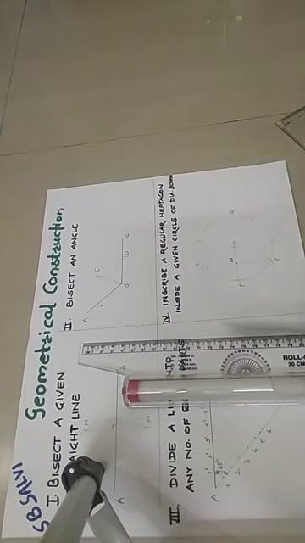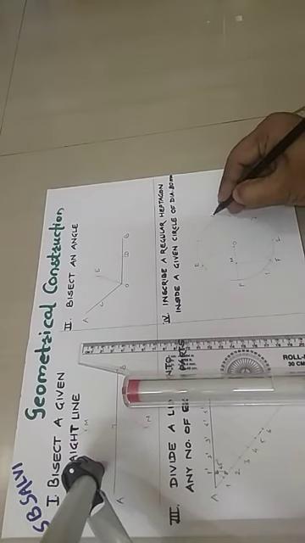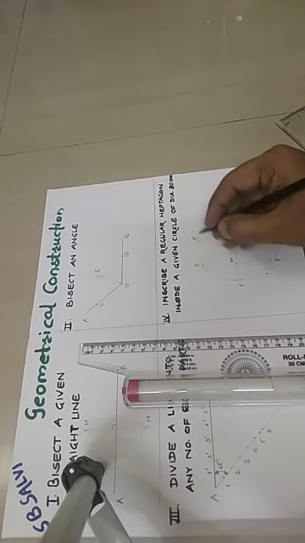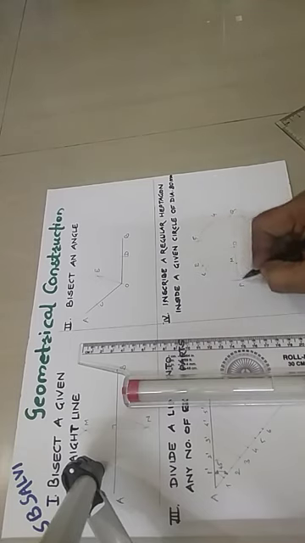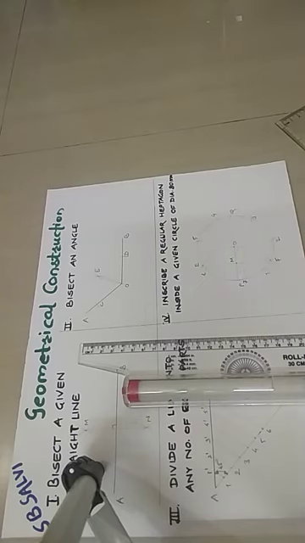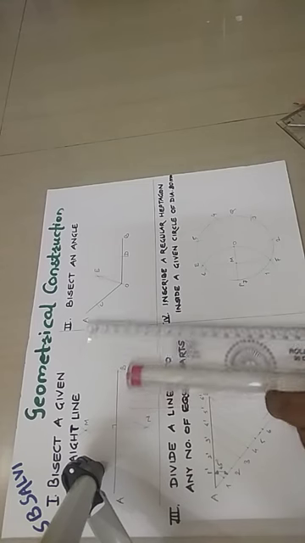Now number these points. This is 1, 2, 3, 4, 5, 6 and 7.